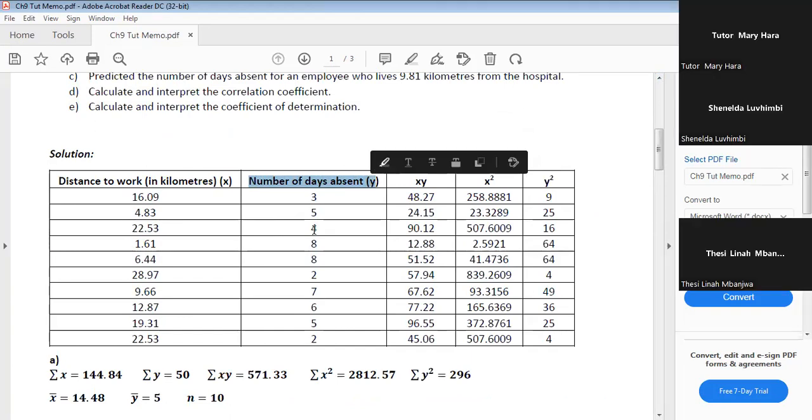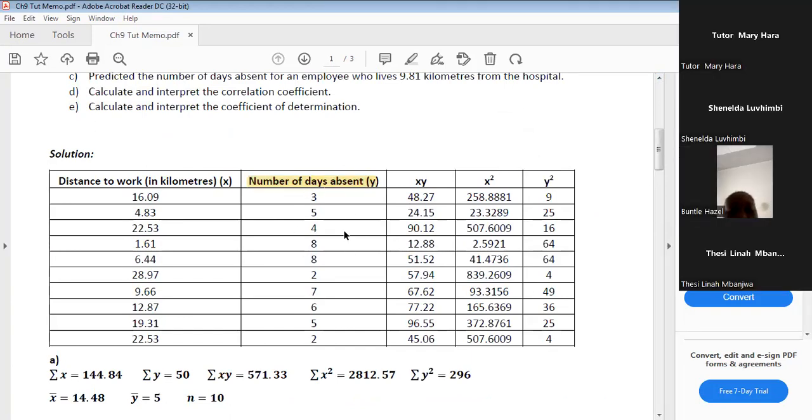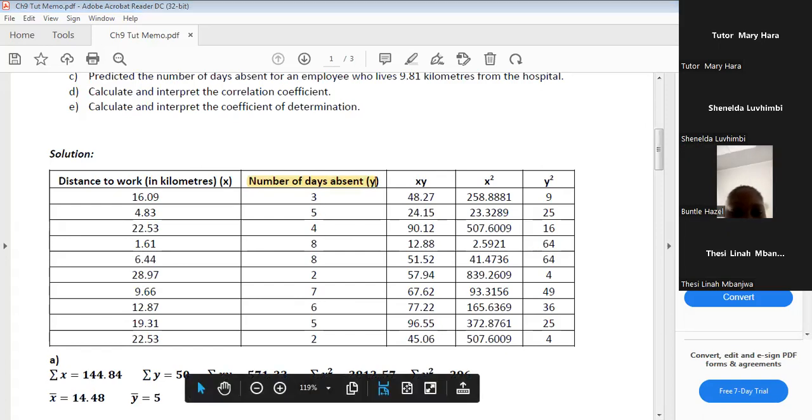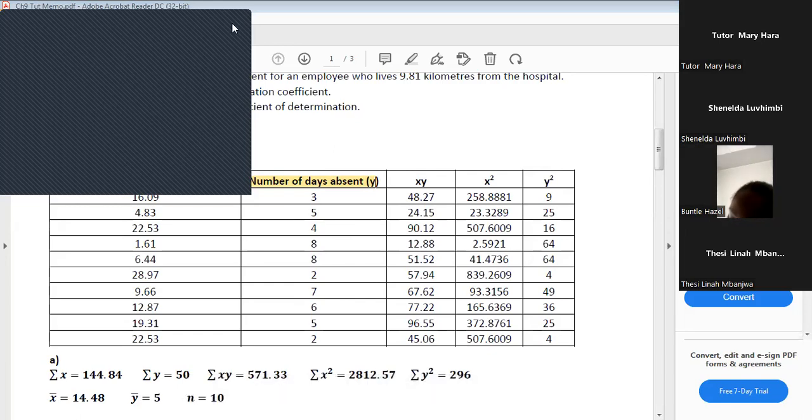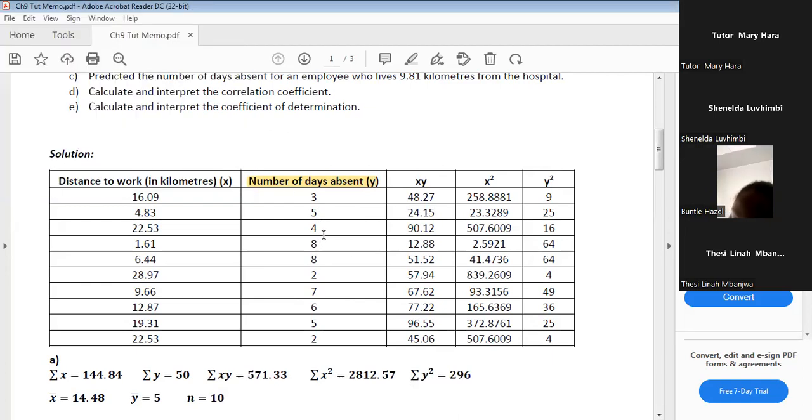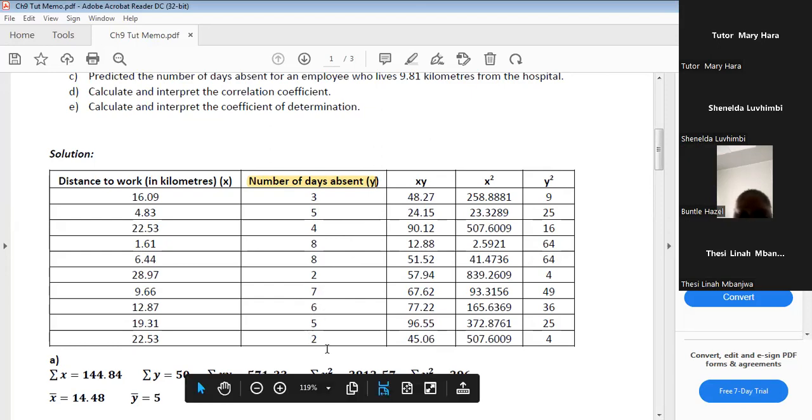All you need to find the mean of y is to add all these numbers. We can actually just add them here. It's just 3 plus 5 plus 4 plus 8 plus 8 plus 2 plus 7 plus 6 plus 5 plus 2, divided by the total number. The total number is 1, 2, 3, 4, 5, 6, 7, 8, 9, 10.